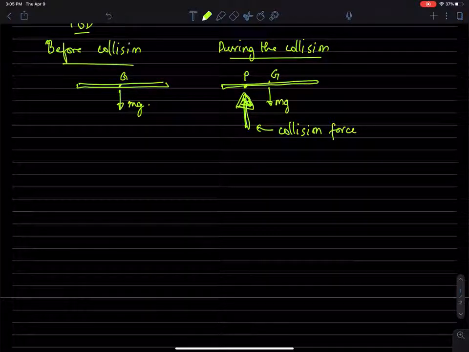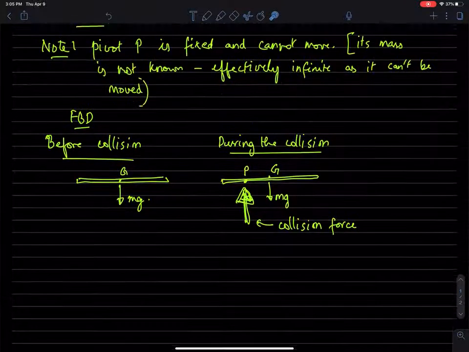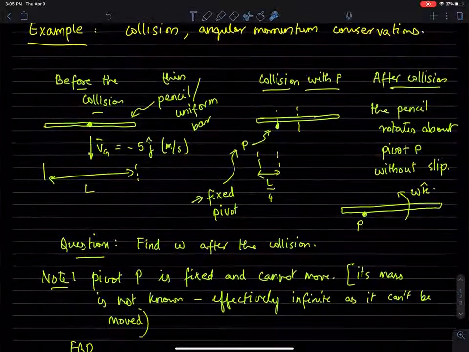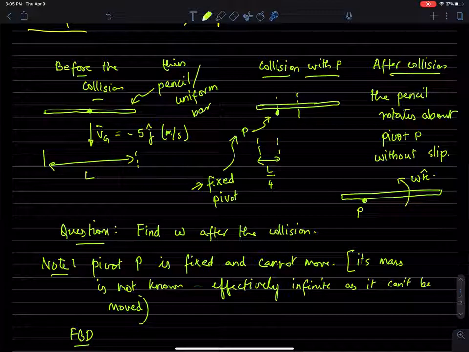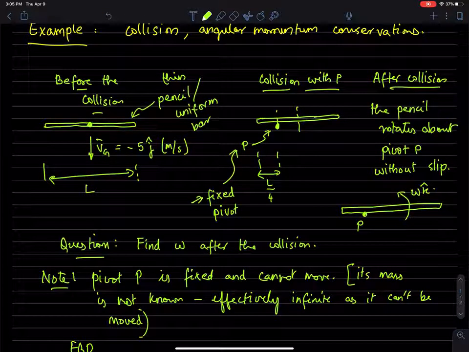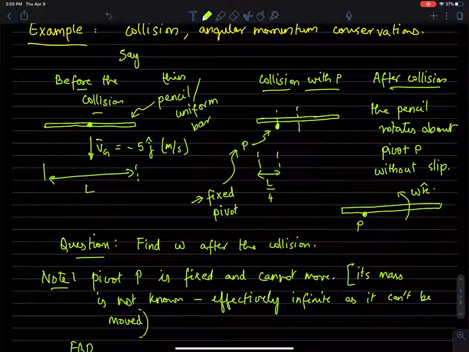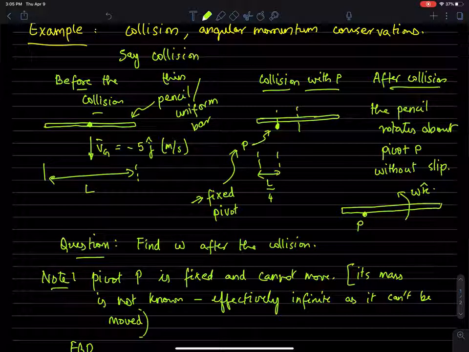And this force produces a finite change in velocity of the uniform bar in infinitesimal time. So whenever you're asked to do a problem like this and it's not stated that it happens over infinitesimal time, say assume collision happens over infinitesimal time, because this is going to be a common assumption that you will need to make unless otherwise stated.